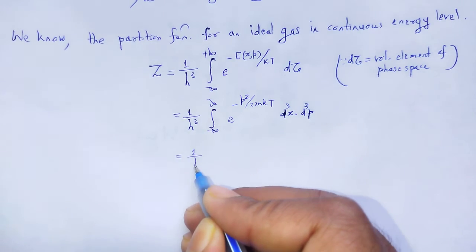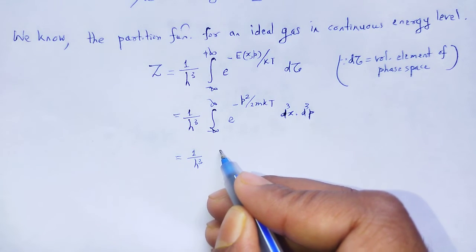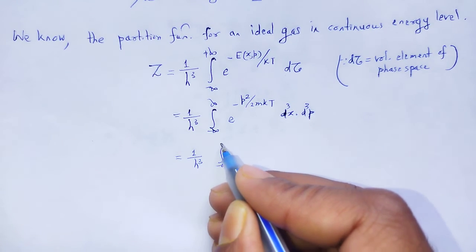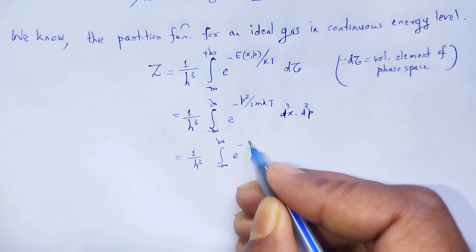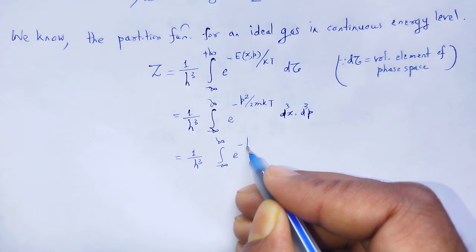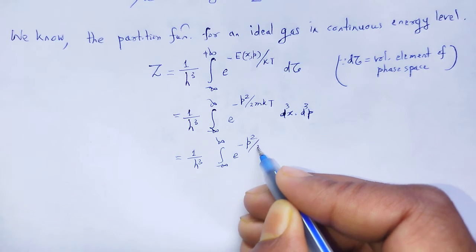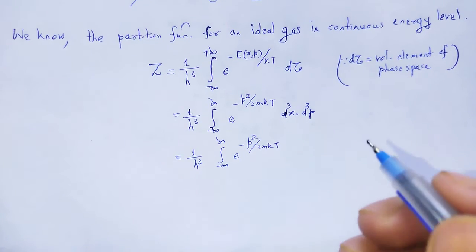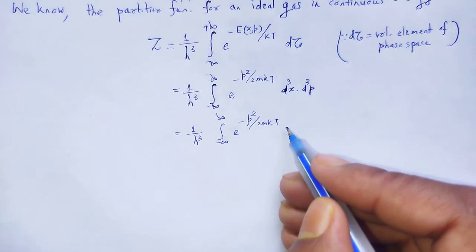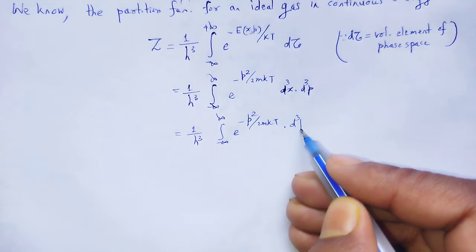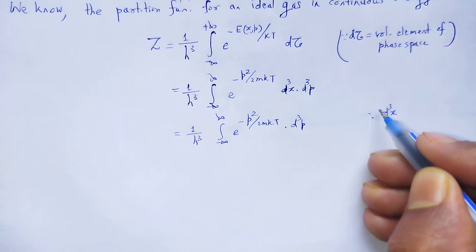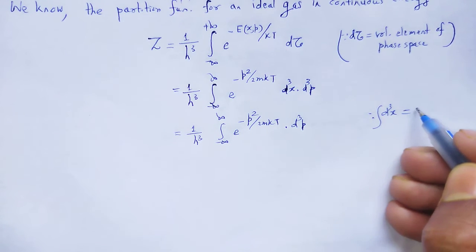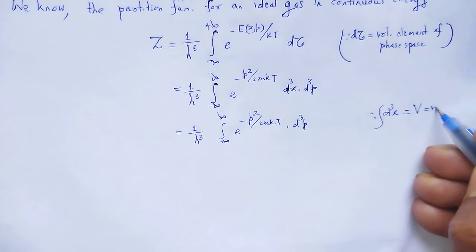Therefore 1 by h cube, that integration from minus infinity to plus infinity e to the power minus p square divided by 2m kT, this one is dqp as dqx integration will be V, which is the volume.